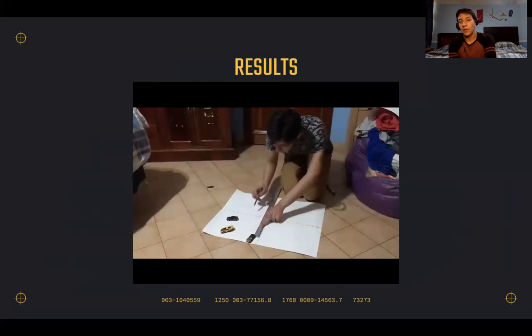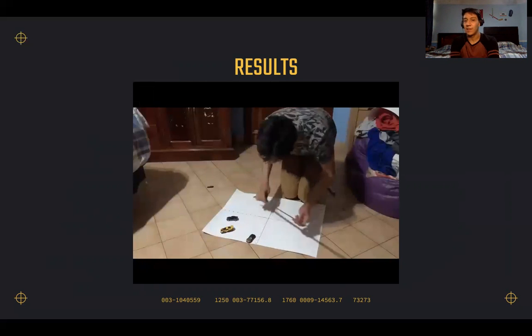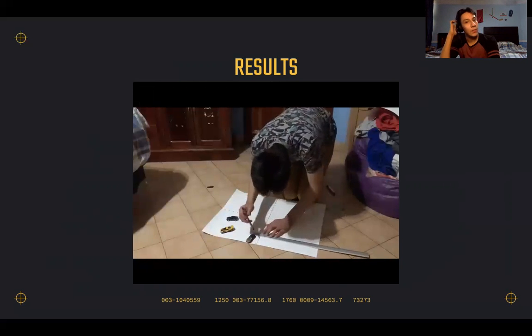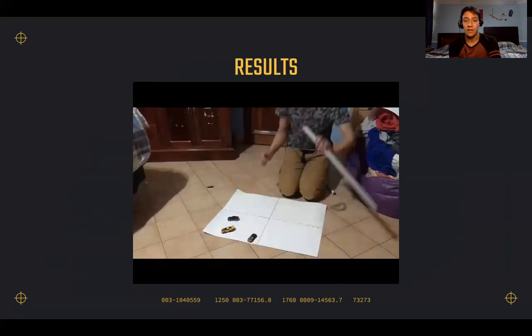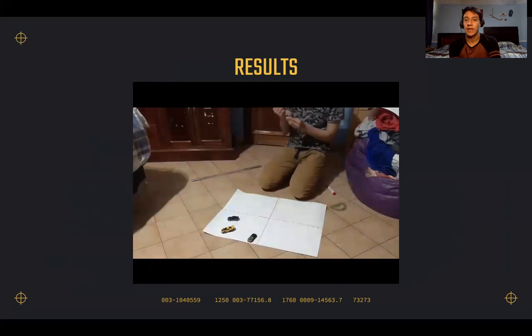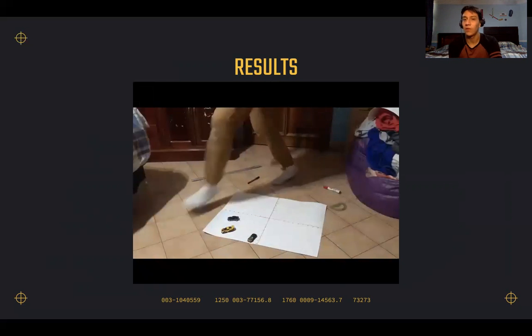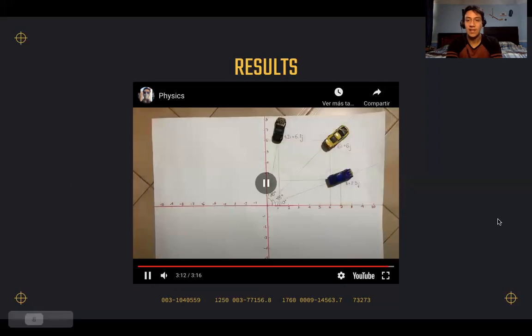Even though I pushed them the same distance and they all started in the same position, they ended in different positions because of the different angle. They ended in different positions even though they are in the same quadrant and have the same length. Their magnitudes are equal, but look here, the angles are different.